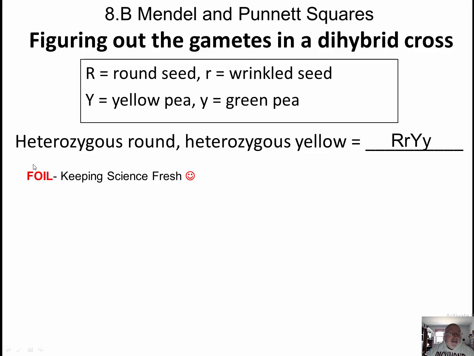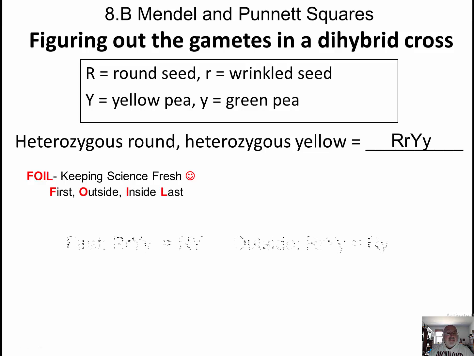What this stands for is we take the first allele. So we take the R and this Y. First, outside, inside, last.